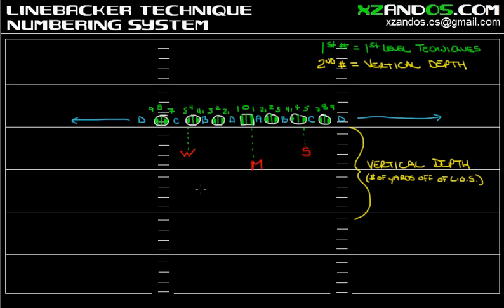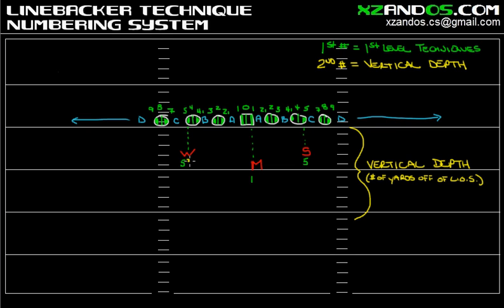First number is first level technique. Will is in a 5. Mike is in a 1. Sam is in a 5. Second number is vertical depth. Will's heels are at 1, 2, 3.